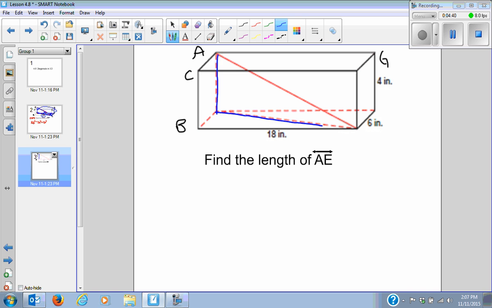Now I know this length DE. I know this length is 4. I know that length was that 18.974. So I know this length. I can figure out this because again, it's a right triangle that's being formed here.